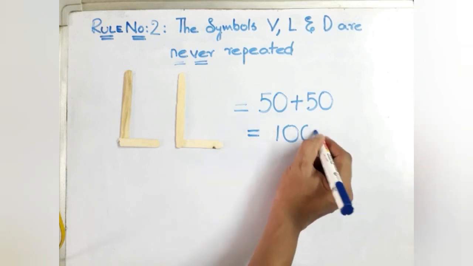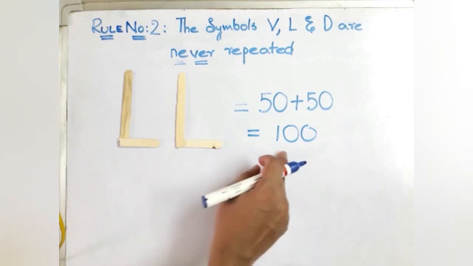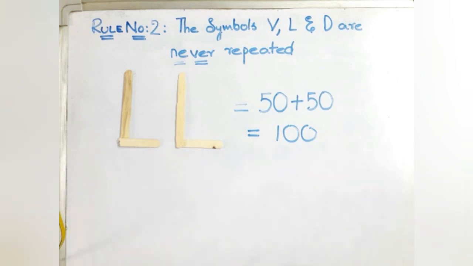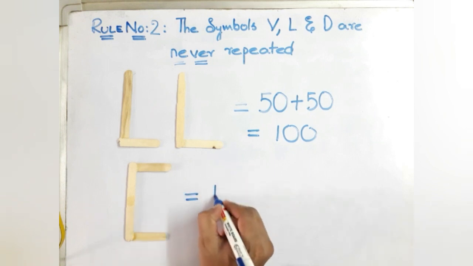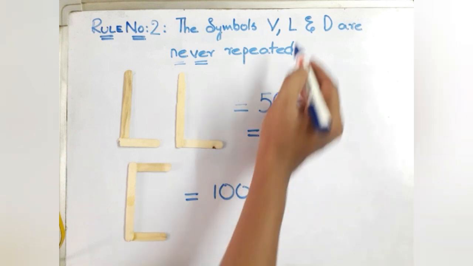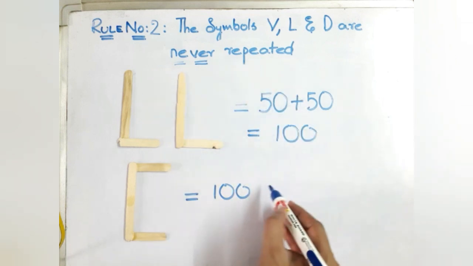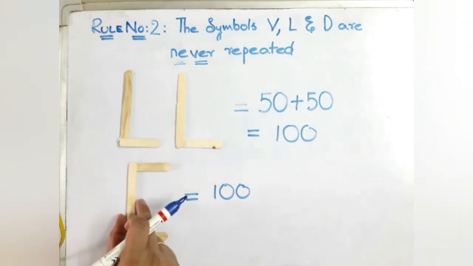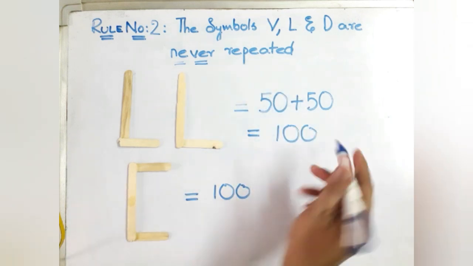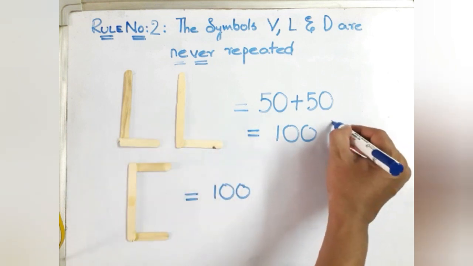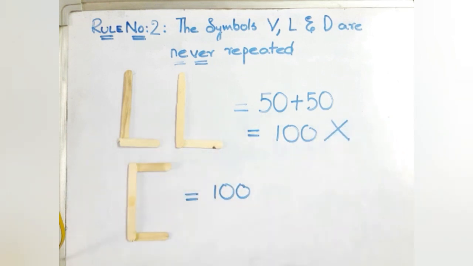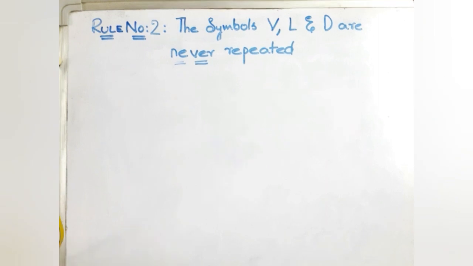If the combination of two L's is going to be 100, then what is the use of C, which is already 100? Hence, L cannot be repeated. As we already have C, which is the value of 100, writing 100 as L and L is again wrong.